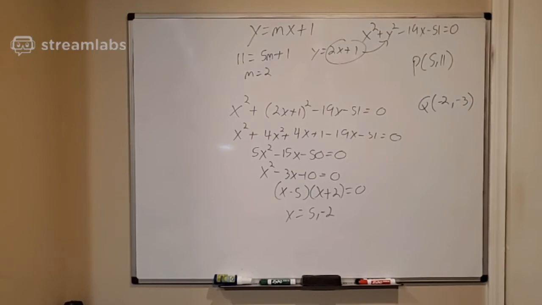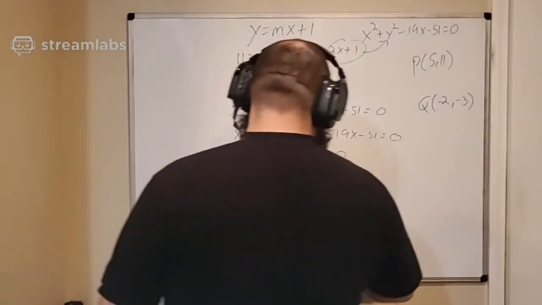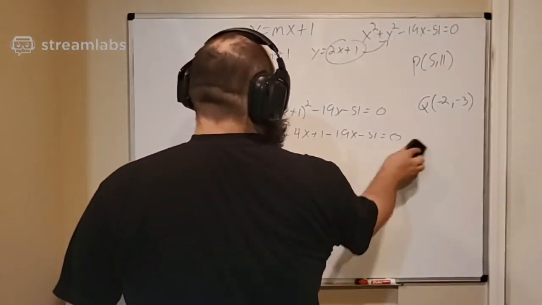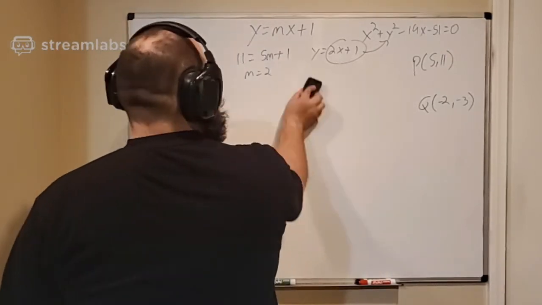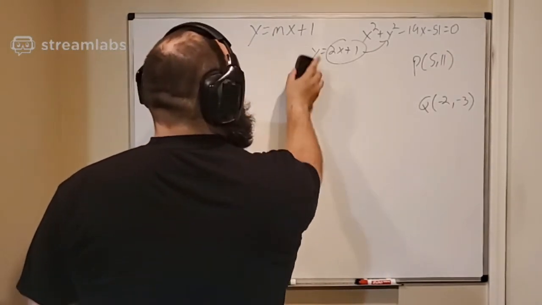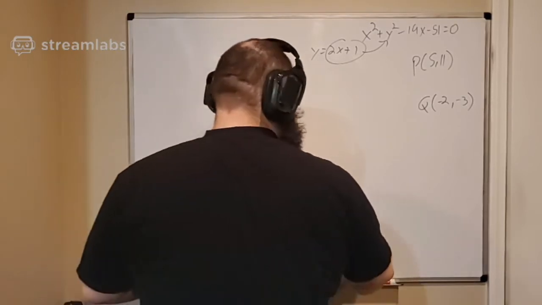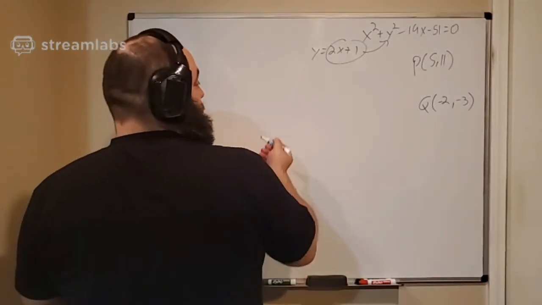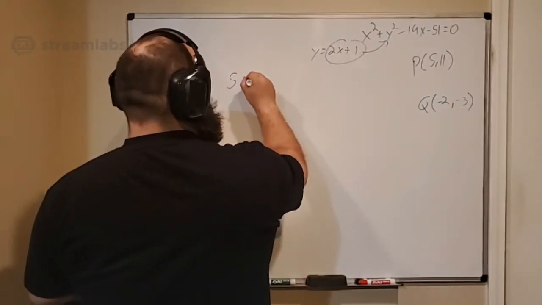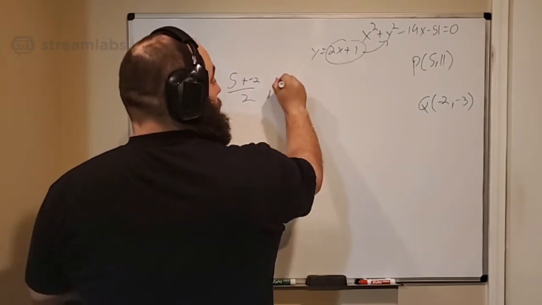So PQ, perpendicular bisectors obviously are perpendicular, and remember bisect means cut in half, so that means I need the midpoint of PQ. I'll keep those because I don't know if I need that for anything else. So I need the midpoint, so (5 plus negative 2) over 2, and (11 plus negative 3) over 2 is my midpoint.